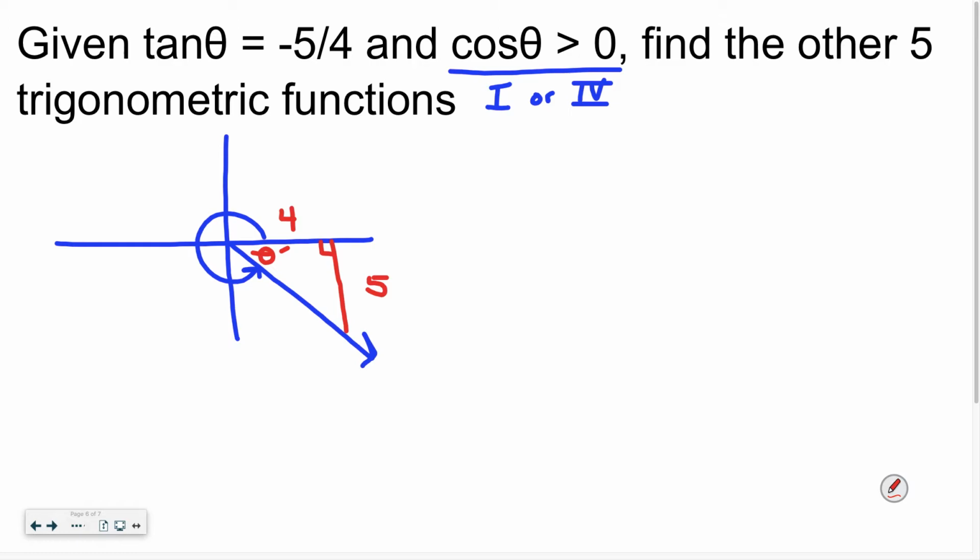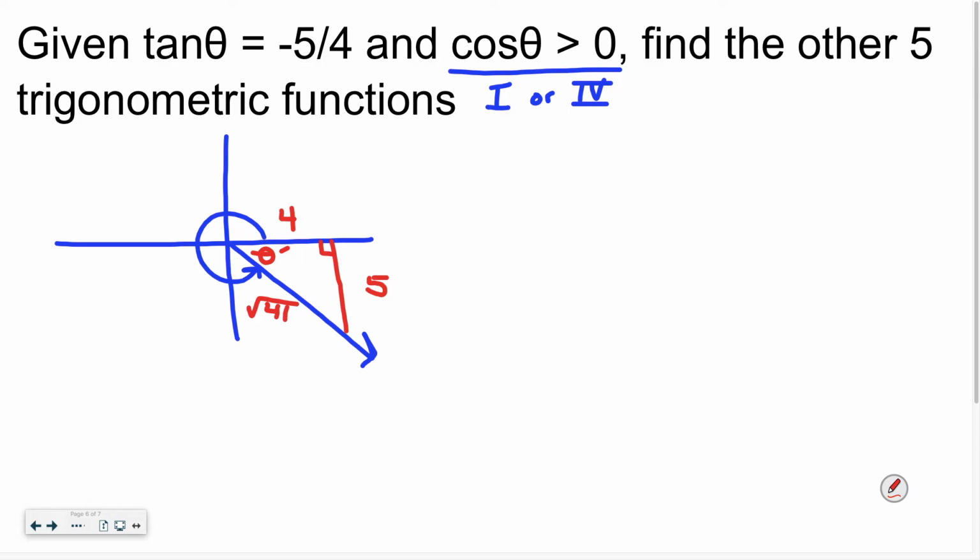So now we can think about our hypotenuse. If adjacent is 4 and opposite is 5, with the Pythagorean theorem, what would our hypotenuse be? Square root of what? 41. Square root of 41.